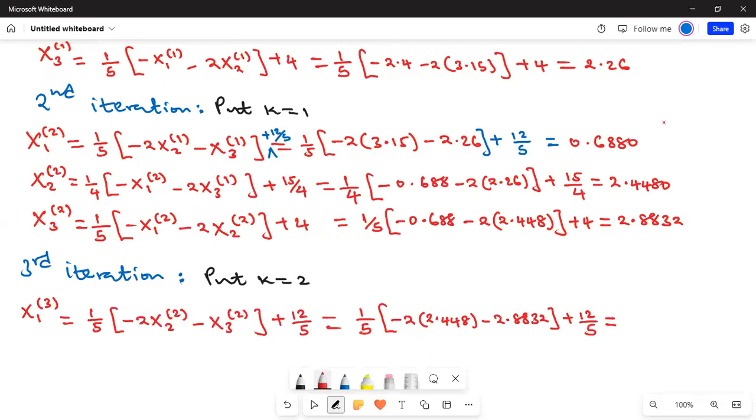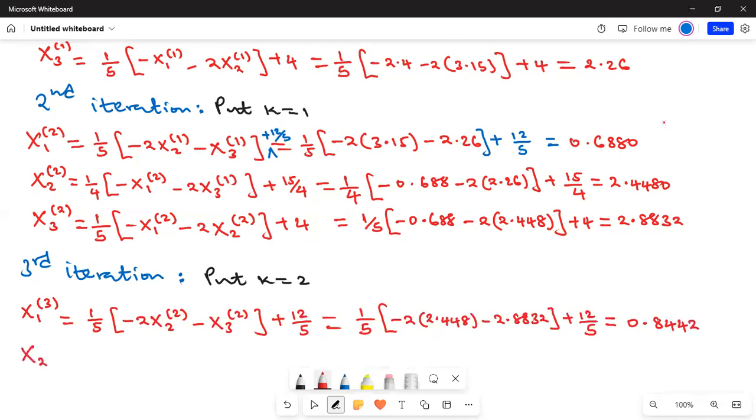When you press that in your calculator, you need to get the value of x1 at level 3 to be 0.8442.